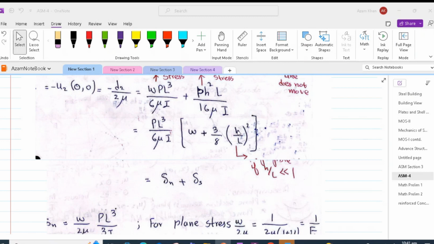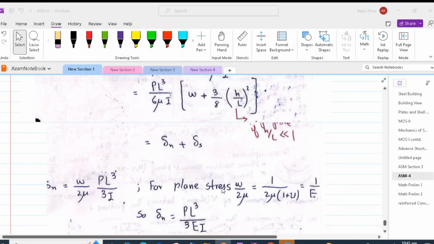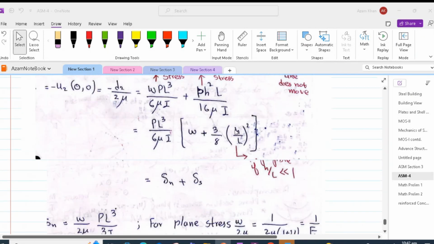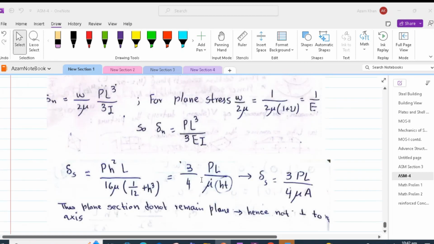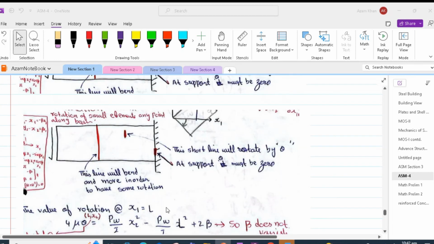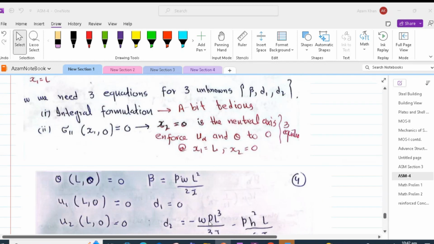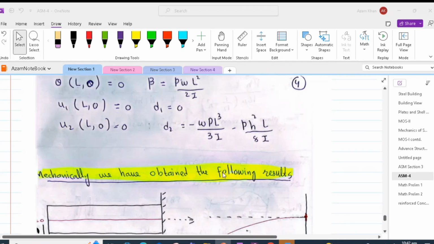But if the depth is of significant proportion to length, then we will have shear deformation, which makes sense. Deep beams and walls are susceptible to shear. So theory of elasticity has given us information about both flexure and shear contribution in the deflections, which elementary beam theory couldn't give us.